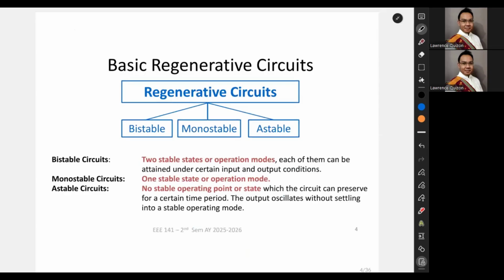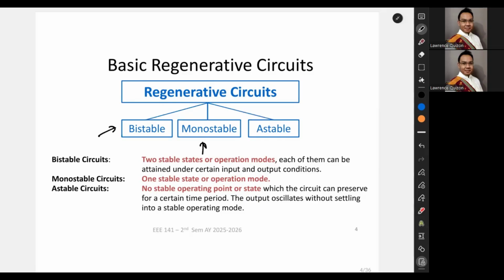Regenerative circuits are sorted into three: bistable, monostable, and astable regenerative circuits. This terminology is based off of the number of stable states of the regenerative circuit. So we have the cross-coupled inverter, which was bistable.